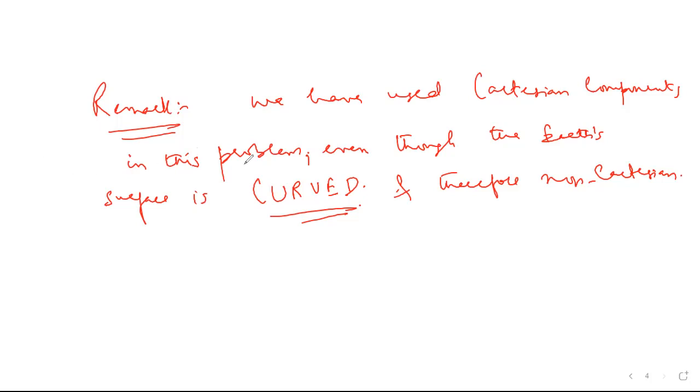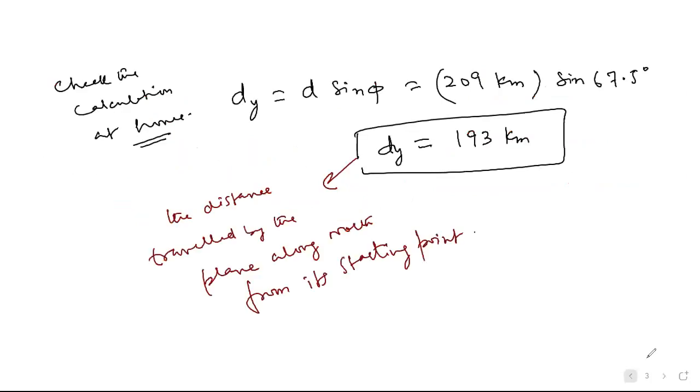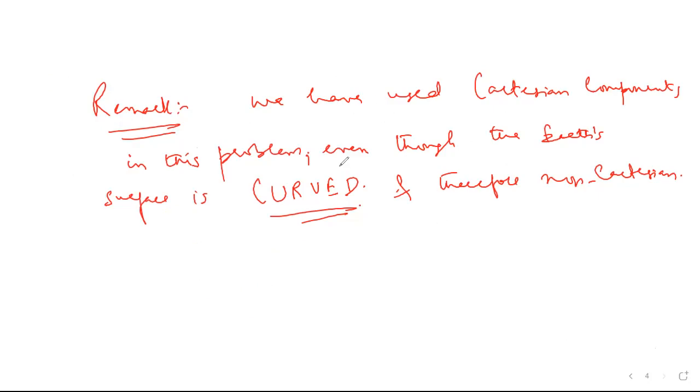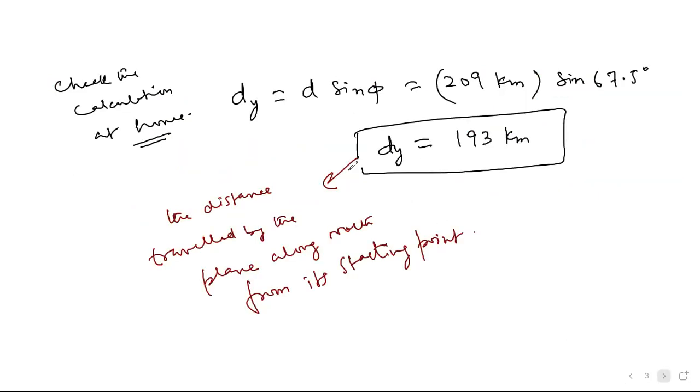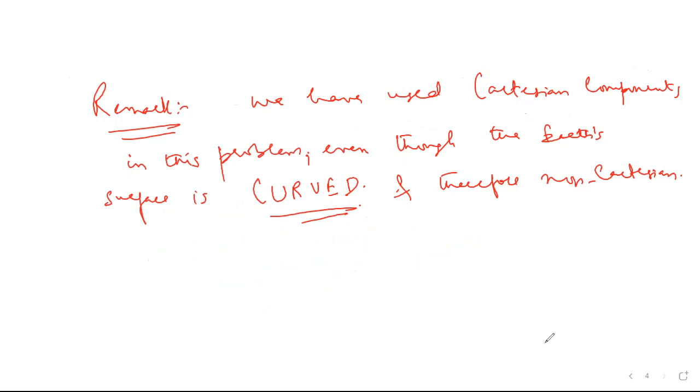Then what is the justification for our solution? Justification is we can use the Cartesian coordinate system for such problems when the distances in our calculation are small with respect to the radius of the Earth.